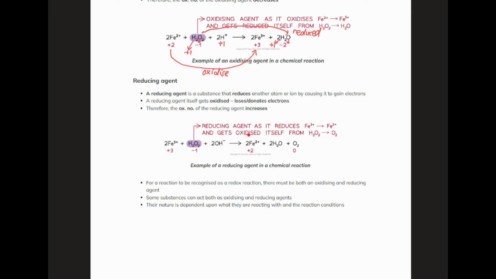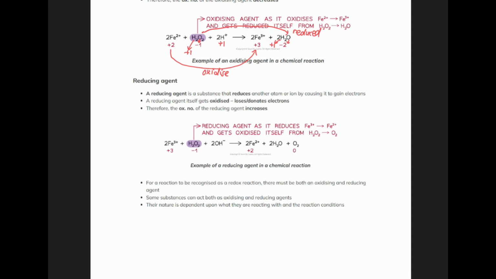So that is oxidized. This to this is oxidized. And iron 3 to iron 2 is reduced. So this is a reducing agent which reduces iron 3 to iron 2. You can see here, reducing agent, as it reduces iron 3 to iron 2 and gets oxidized itself from hydrogen peroxide to O2. Okay, so now let's move on.